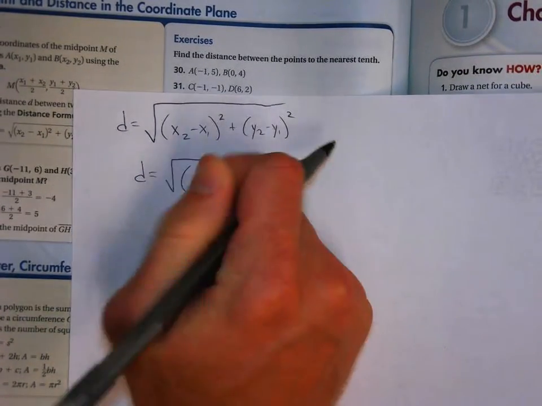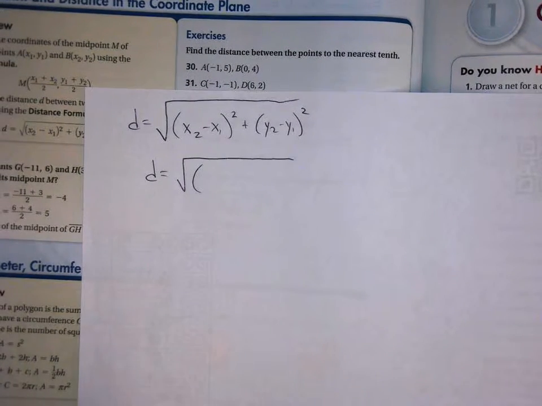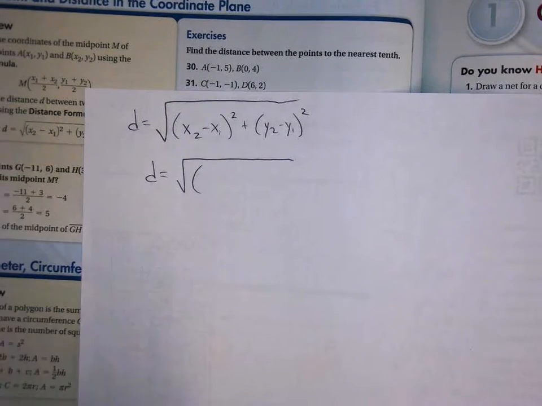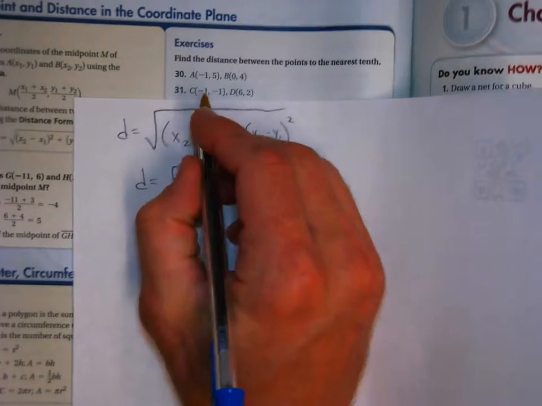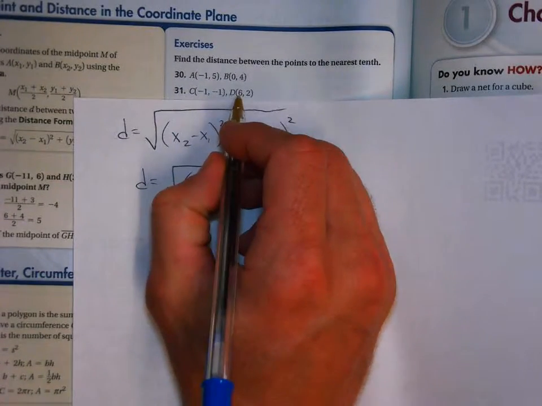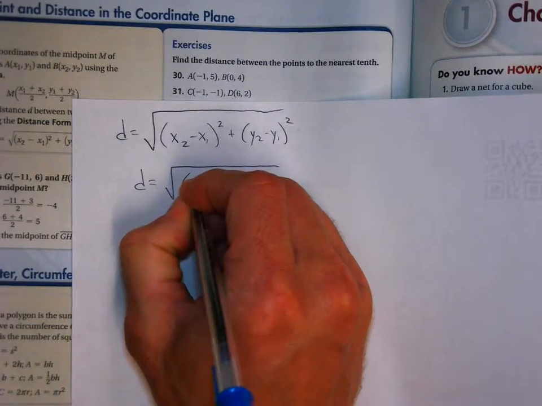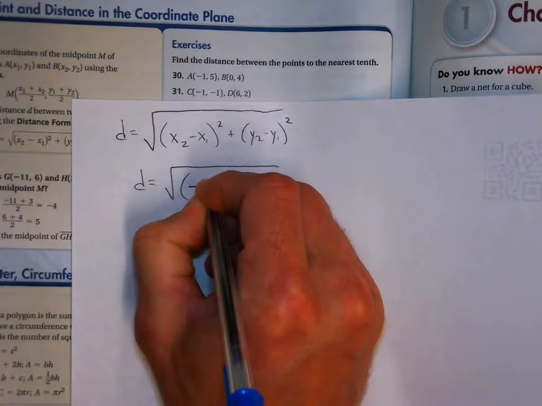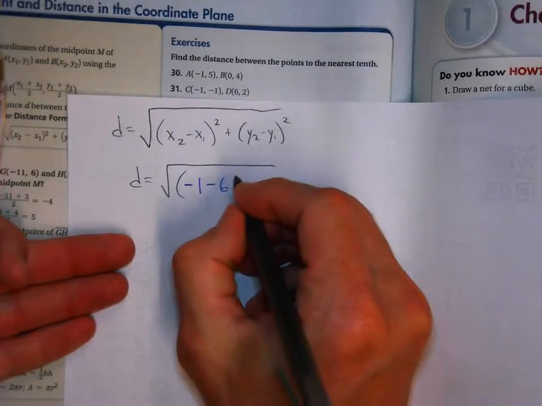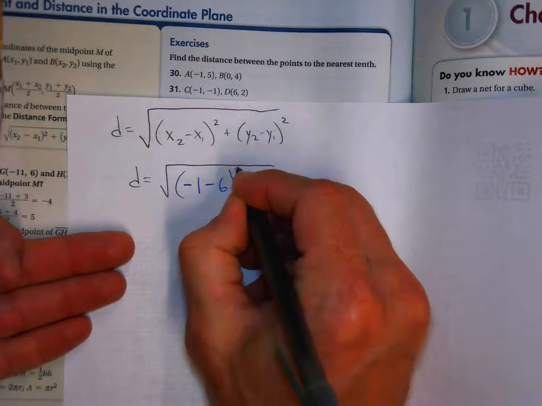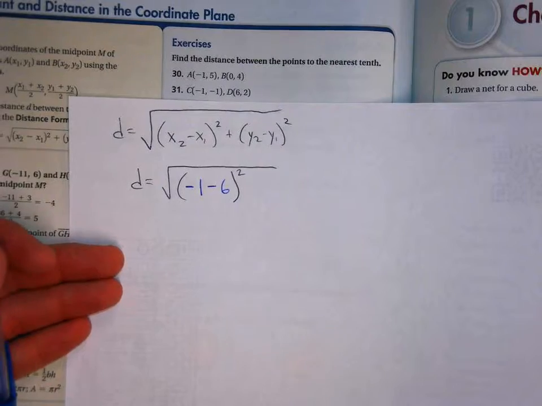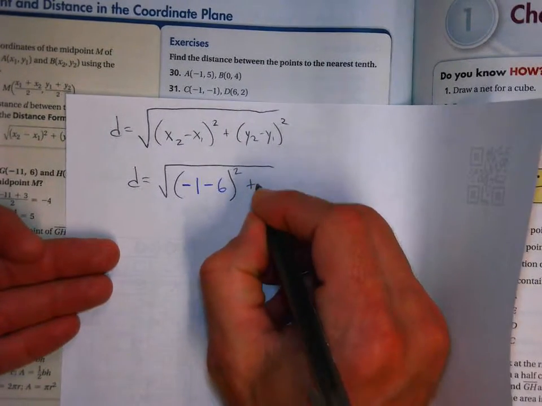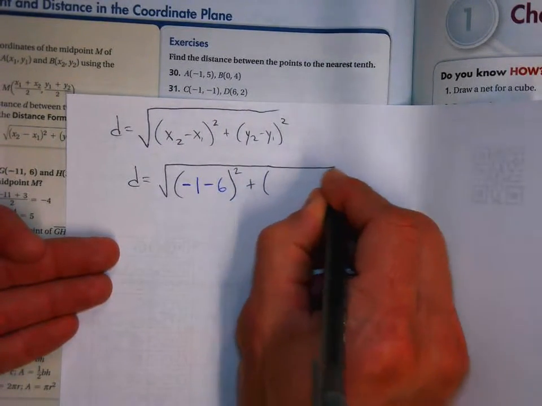So the square root of the square of the difference of the x's. Okay, so what are the x's in number 31? -1 and 6. So to find the difference, we're going to subtract them. -1 minus 6. But it's the square of the difference of the x's. And we're going to add to that the square of the difference of the y's.